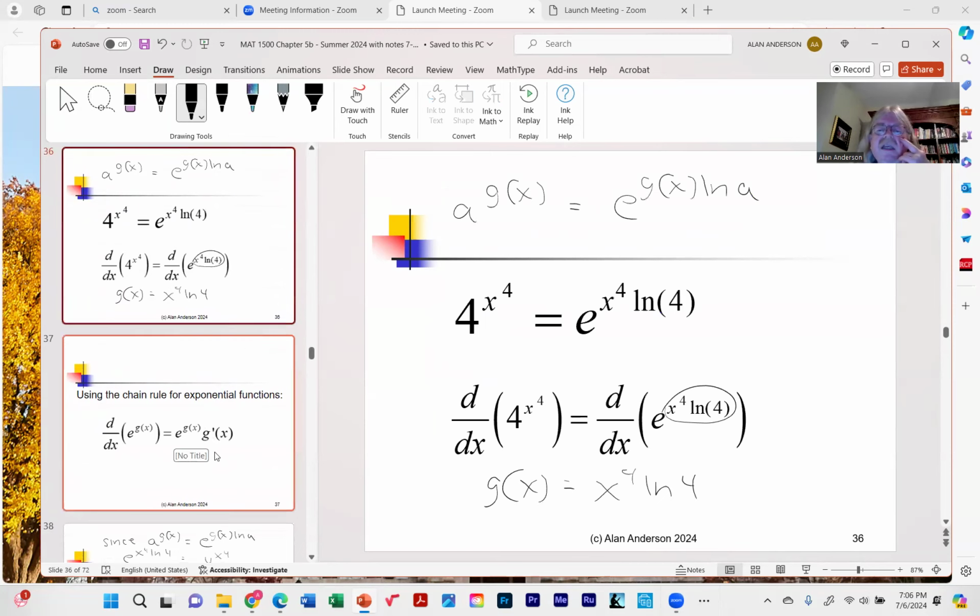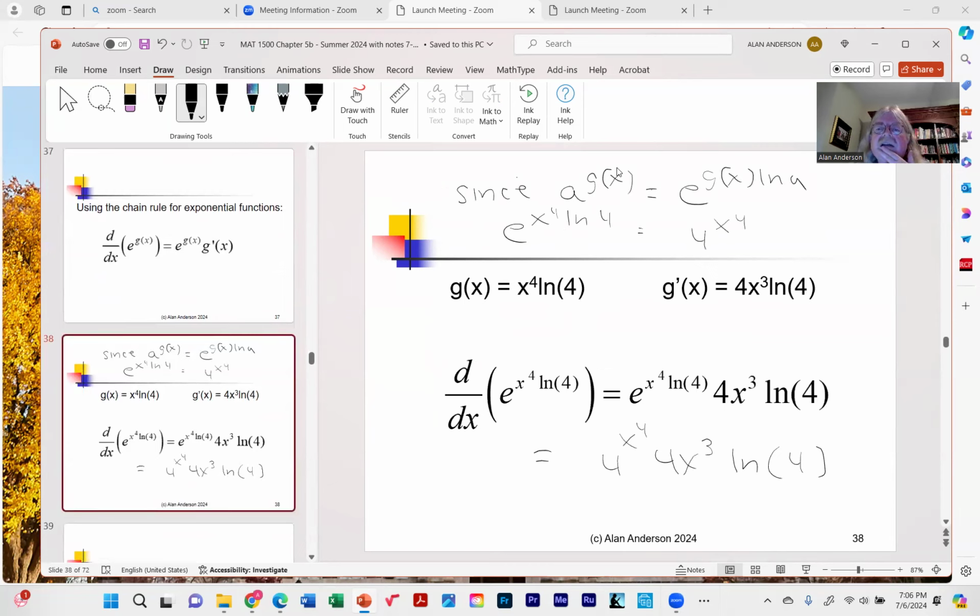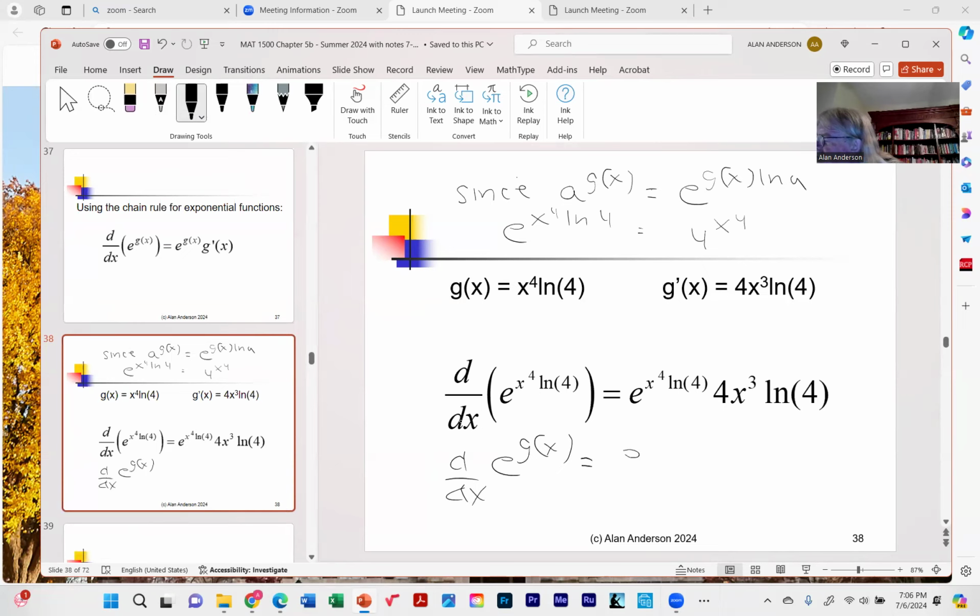Since a to the g of x is e to the g of x log a, this 4 to the x to the fourth, as we've seen, is equal to e to the x to the fourth log 4. And now what we're going to do is take d dx. e to the g of x becomes e to the g of x times g prime of x.